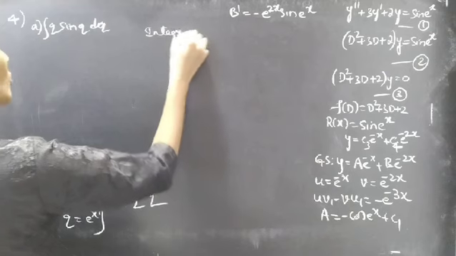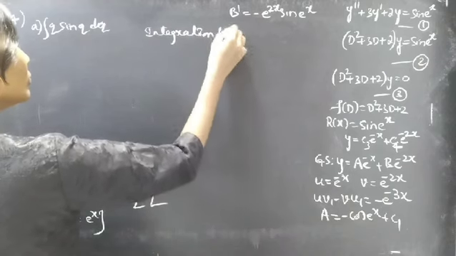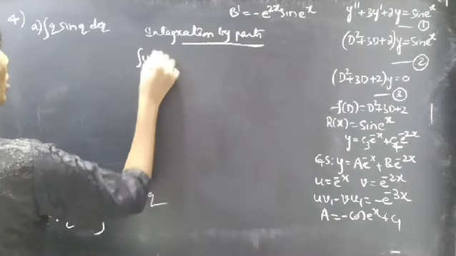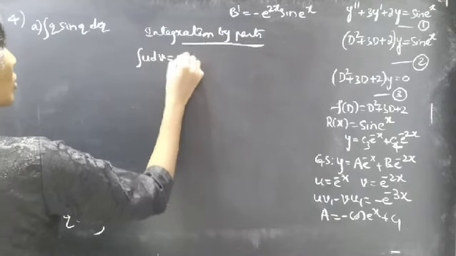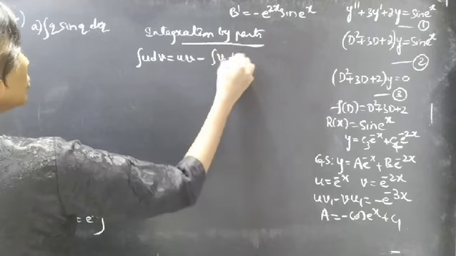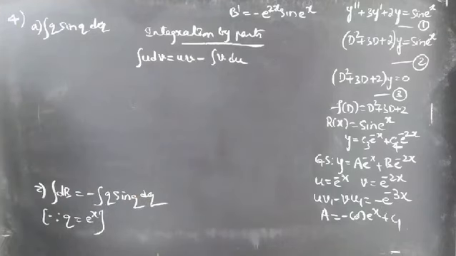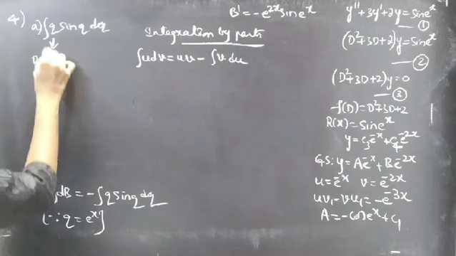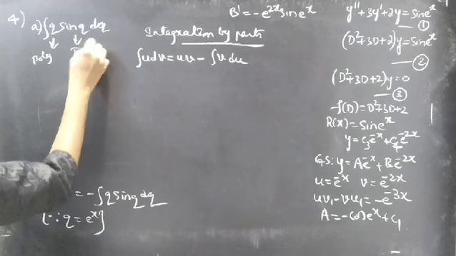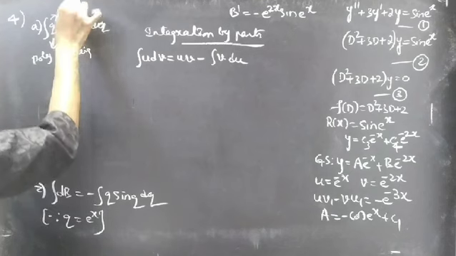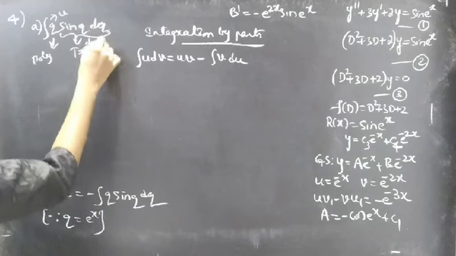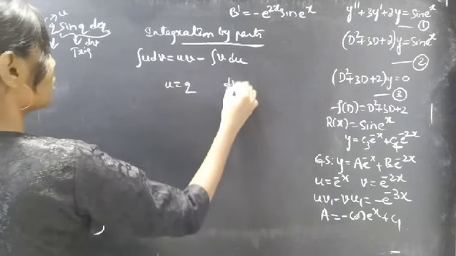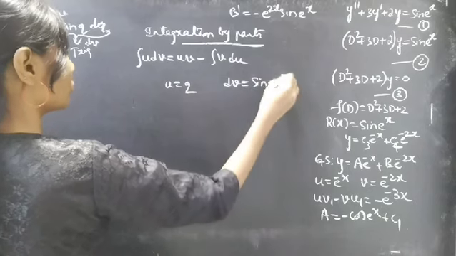We have the integration by parts formula: integral u dv equal to uv minus integral v du, right? Here the integrand is of the form product of a polynomial function and a trigonometric function, right? So let's consider the polynomial function as u and the remaining part as dv. Okay, u equal to q and dv equal to sine q dq.